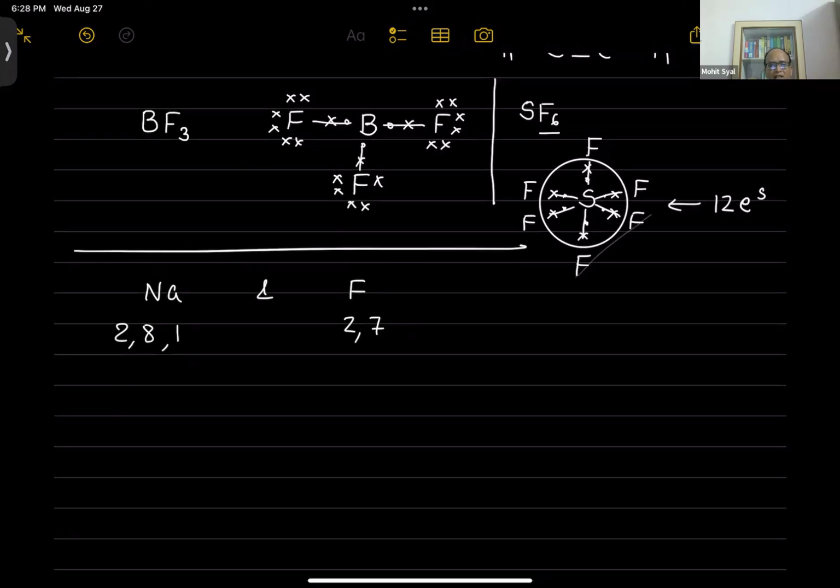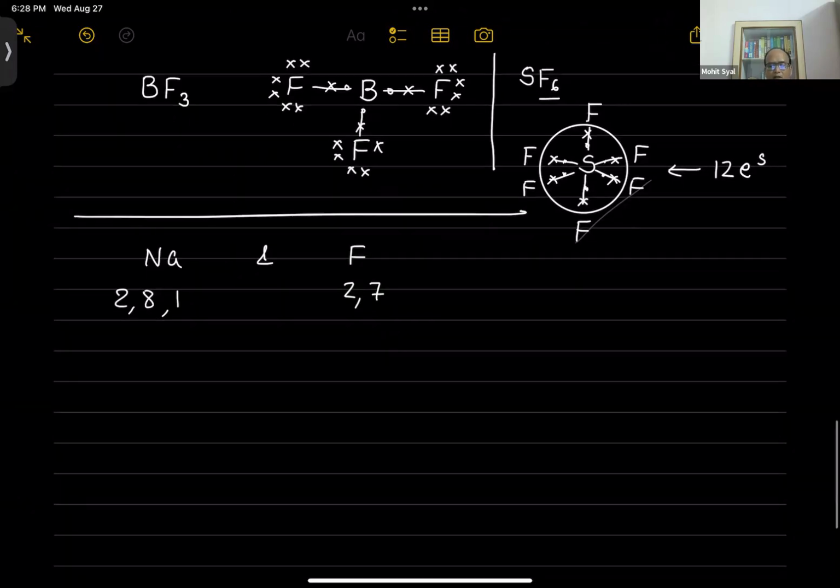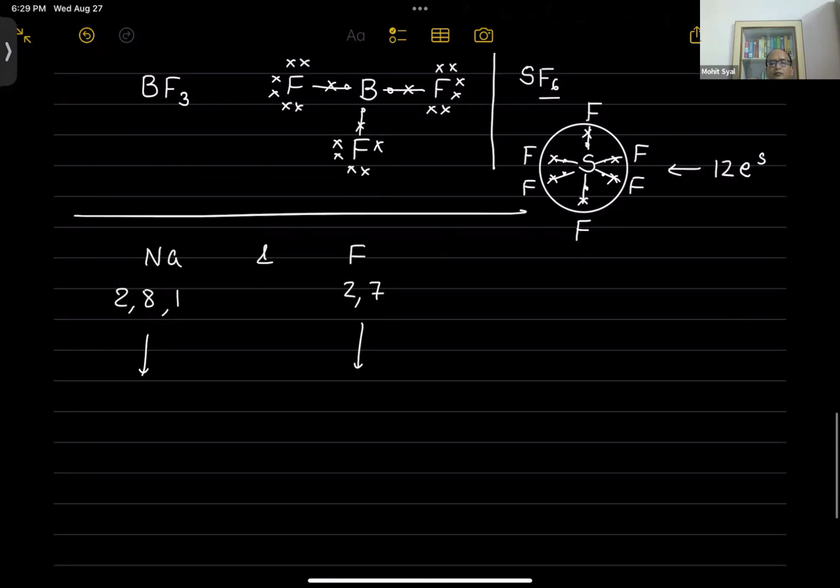One is a metal, which is on the left hand side. One is on the extreme right hand side. So how are they going to form the bonds? Is it through sharing?